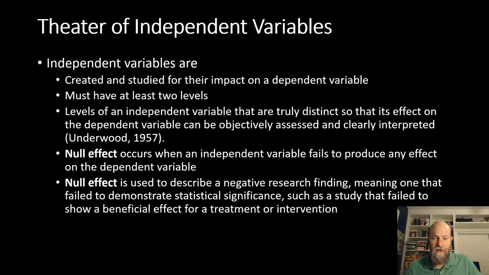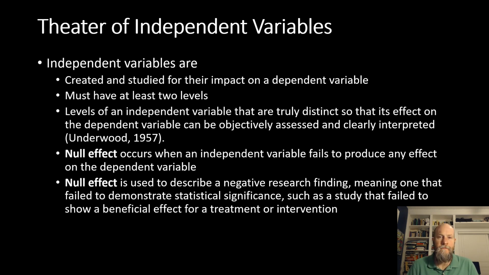So your book uses this term, the theater of independent variables, right? This idea that experiments are really manipulations and design decisions that are made by the researcher to include or exclude certain independent variables, to structure them in various ways so that they increase the likelihood of a measurable effect being found, and therefore make that hypothesized cause and effect relationship more available to be discovered.